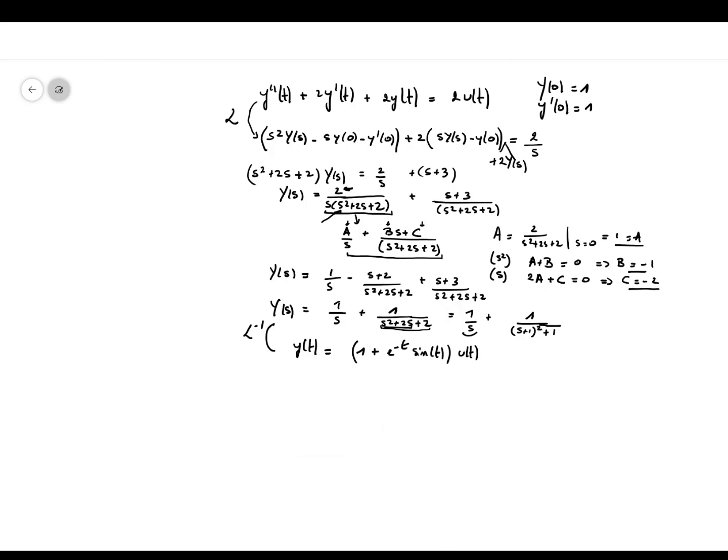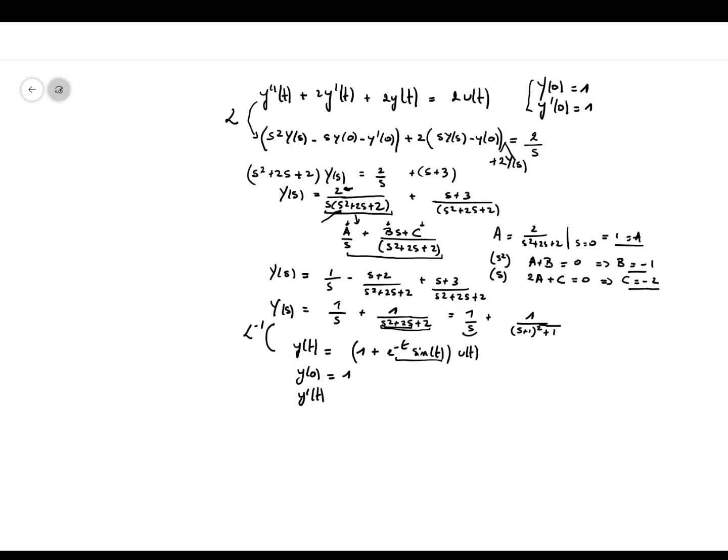Okay, so this is our solution, and now you know what I'm going to ask. Are we done? Well, no, we're not, because we have to check the initial conditions, right? Well, it's kind of obvious that y of 0 will be equal to 1. Okay, this term here will not contribute, and now what we have to do is compute the derivative.